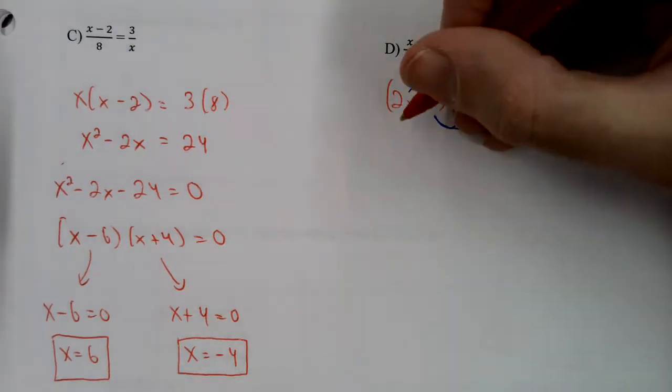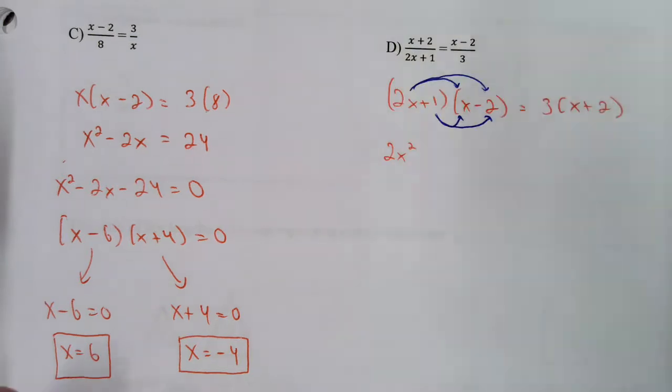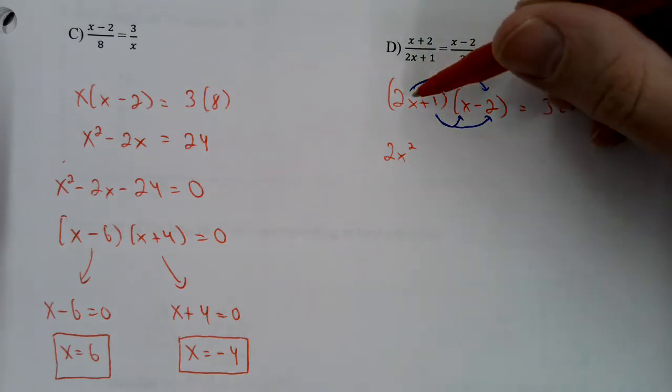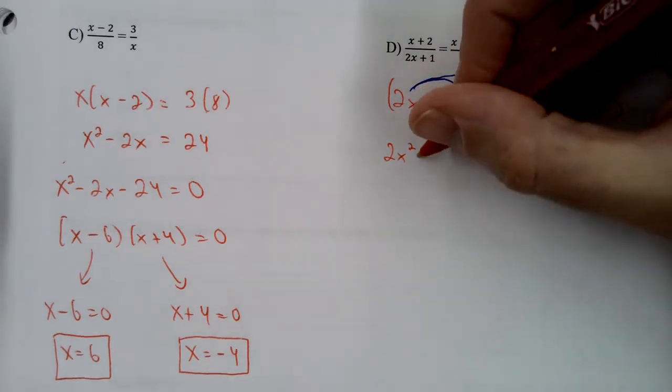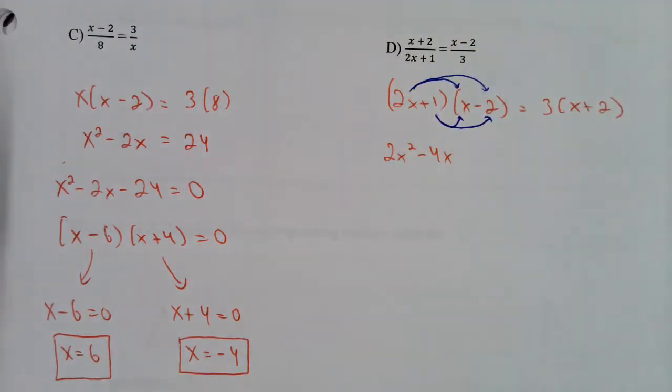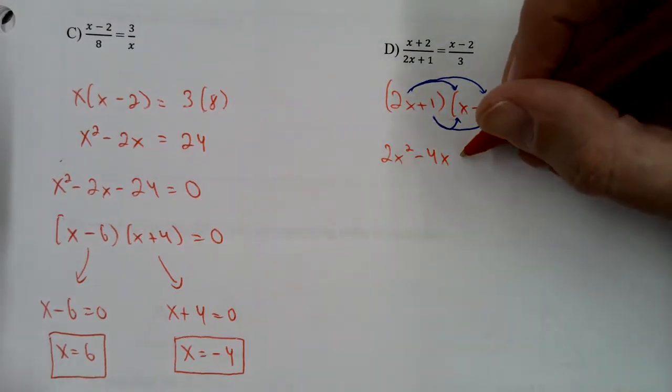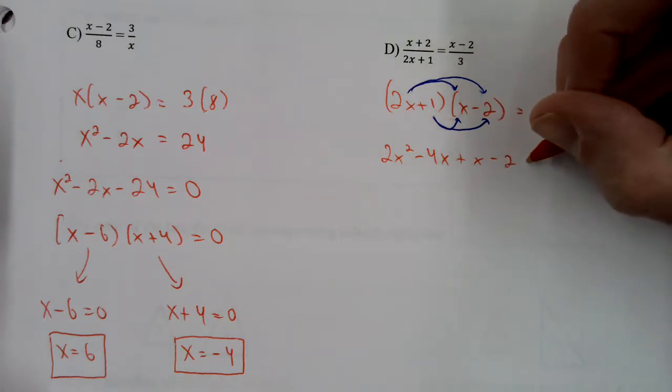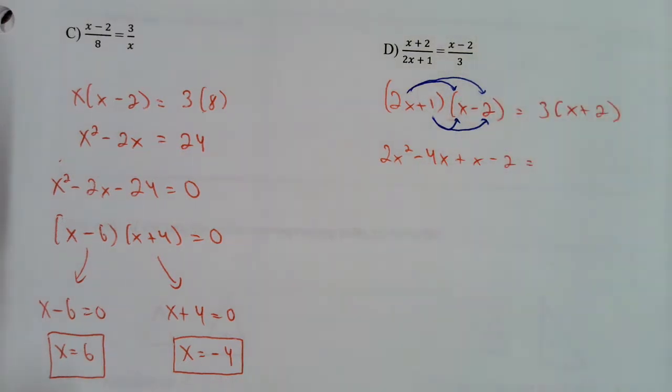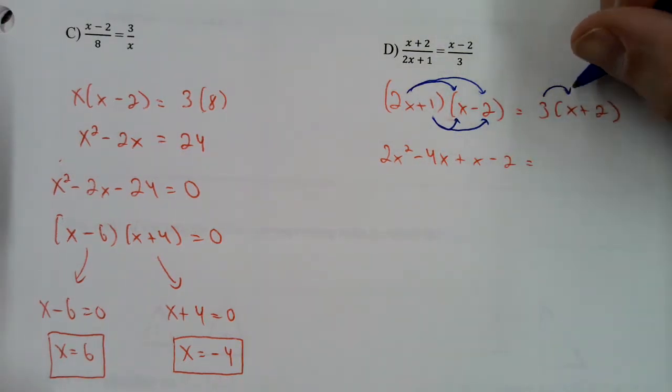All right, so 2x squared, this is a long problem. 2x times x is 2x squared. 2x times negative 2 is negative 4x, plus x minus 2. It's going to equal, distribute over here, 3x plus 6.